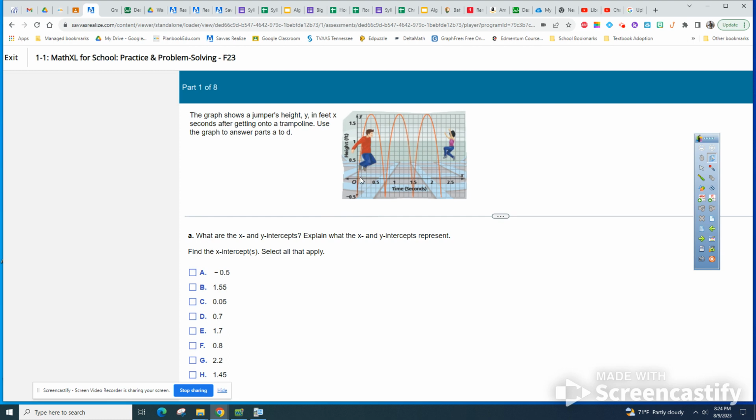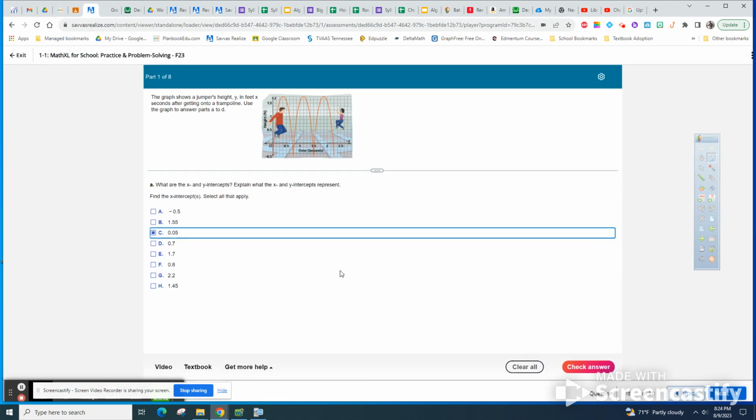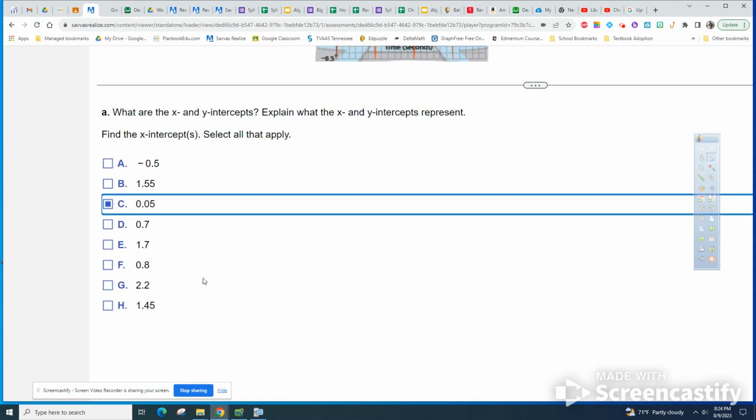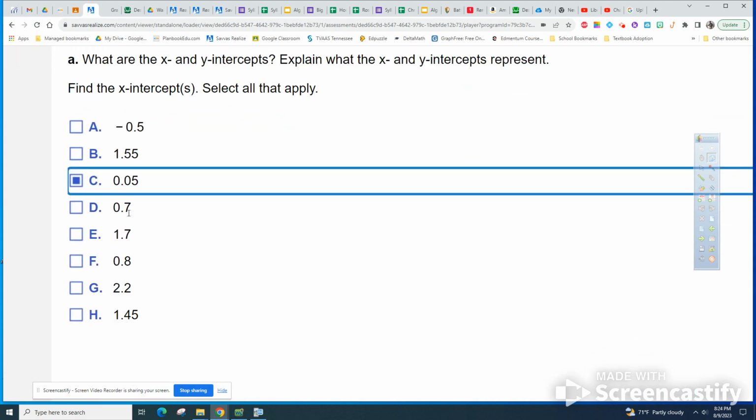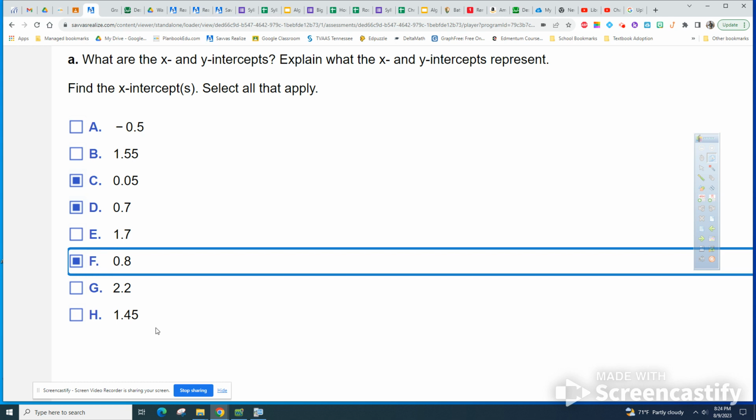So this first one's nearly 0, 0.05. The second one's around 3/4, right? Between half and 1. So which ones of these are around 3/4? Well, 0.7 and 0.8. That's just before 0.75, and that's just after 0.75.